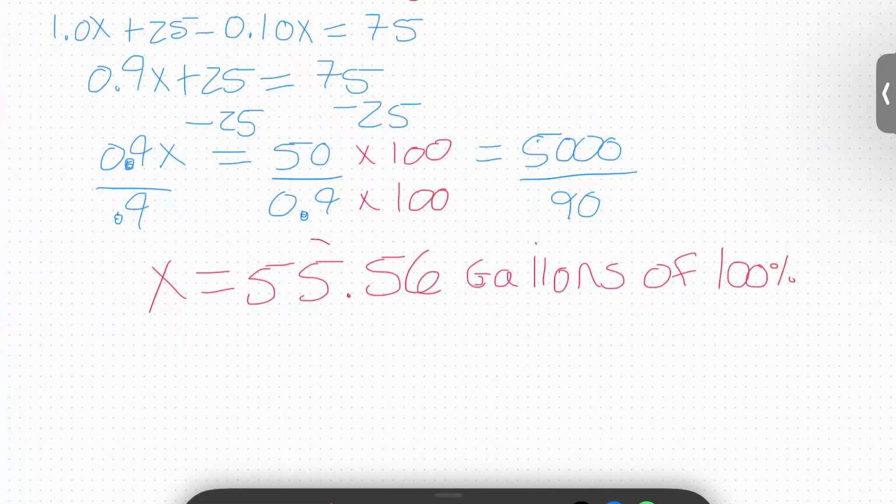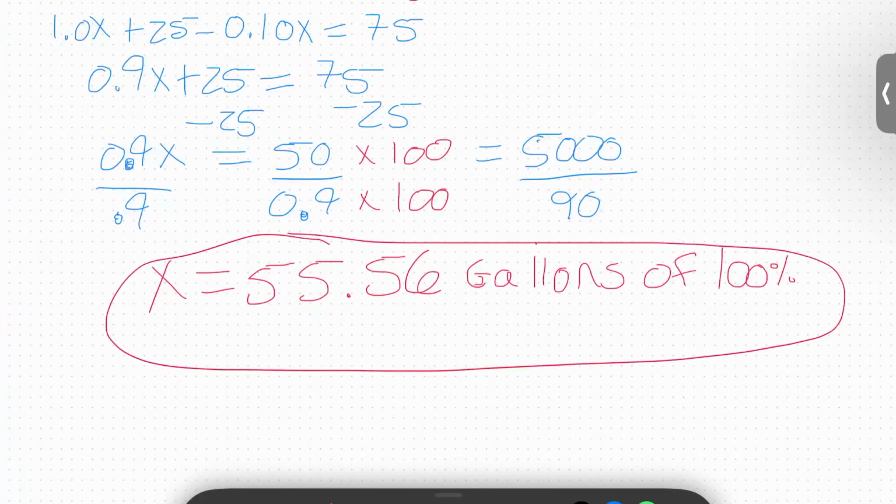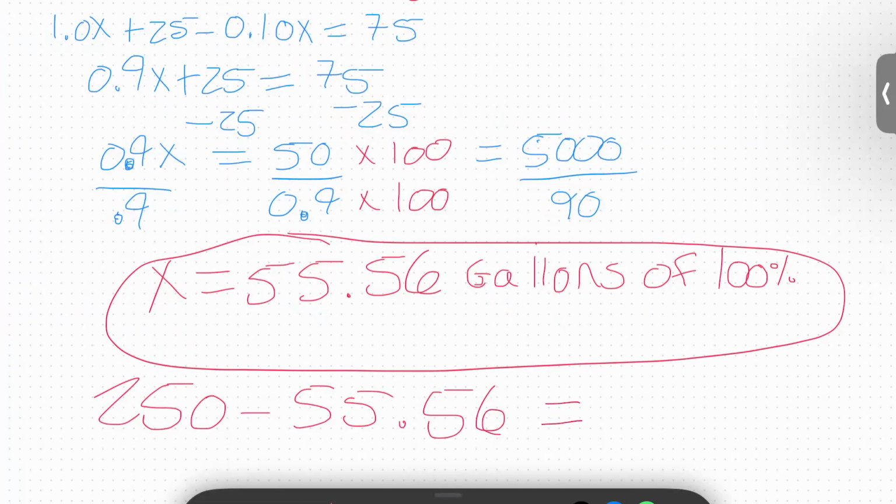All right, we know the total amount is 250. So this is the way that I would do it. 250 minus 55.56 equals 194.44.